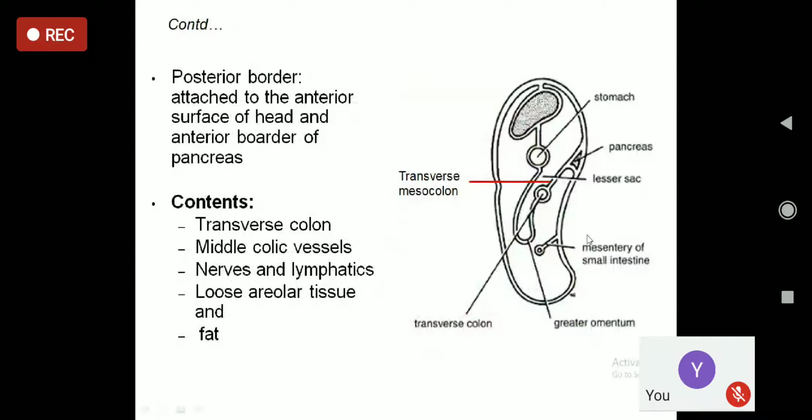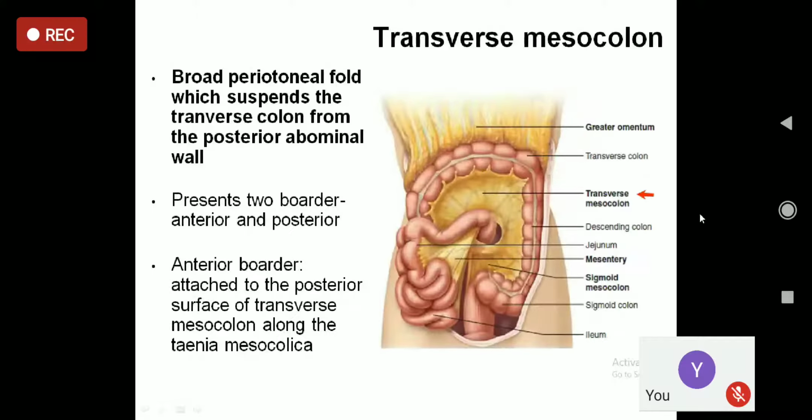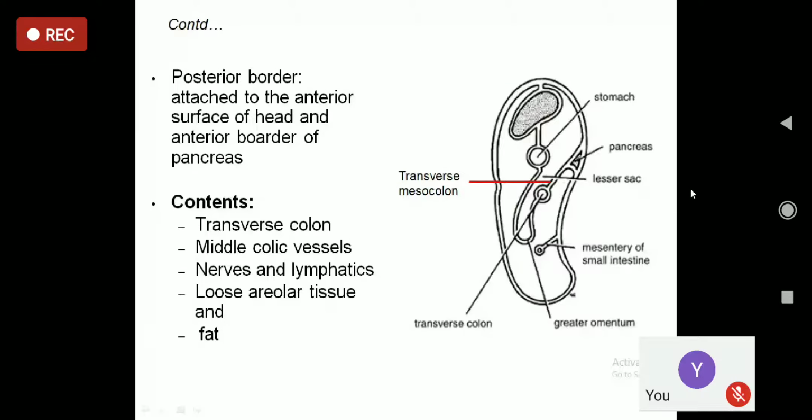And the posterior border is attached to the anterior surface of the head and the anterior border of the body of the pancreas, the posterior attachment of the transverse mesocolon. So from here to in front of the pancreas is the attachment of the transverse mesocolon.